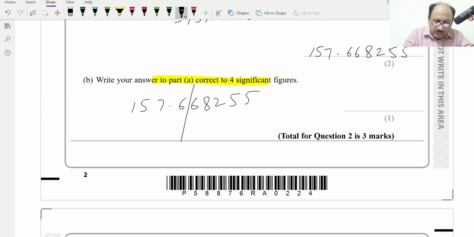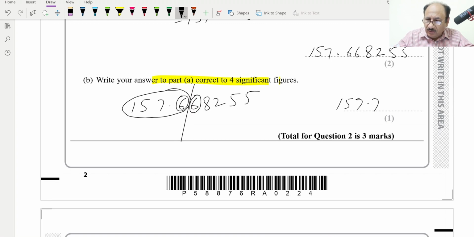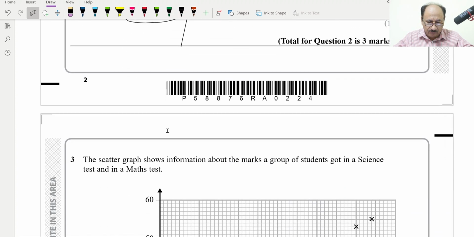We require 4 significant figures, so we require only these numbers. And we will check the next number, which is more than 5, so we will add 1 to this 6, so our answer will be 157.7. This will be our final answer. Hopefully you understood this. This is only a 1-mark question.